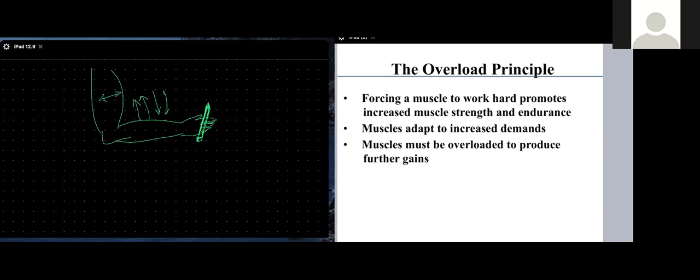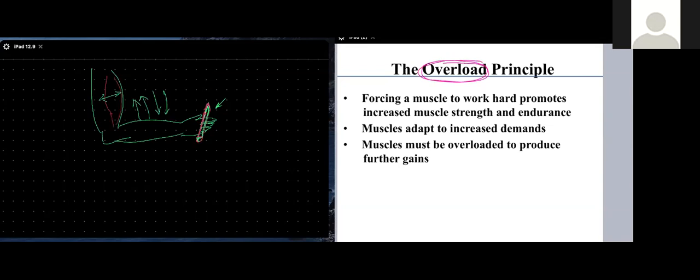Because you understand here the concept of overload principle. So if there is no overload to the muscle, here it's a very minimal load that my muscle can accommodate without having to increase its size.